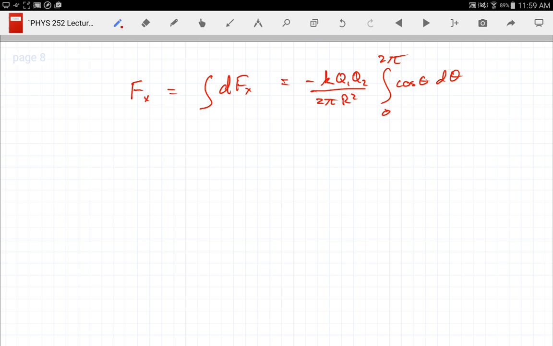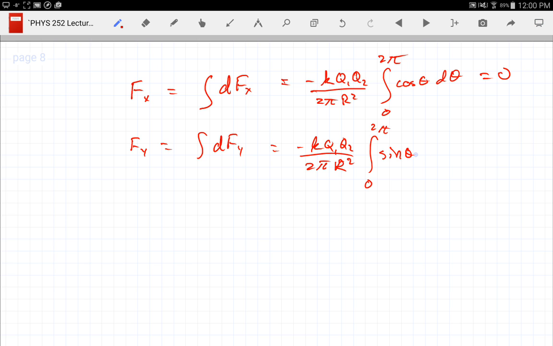What's the integral of cosine theta going around a complete circle? I heard somebody say 0. And if we do likewise for y, what's the integral of sine theta if we go over the complete circle?